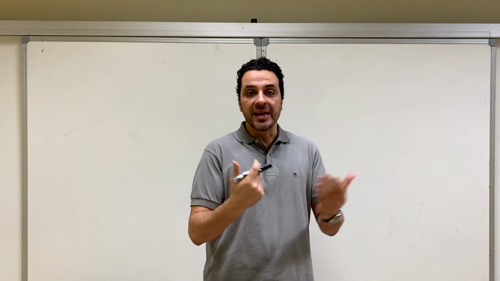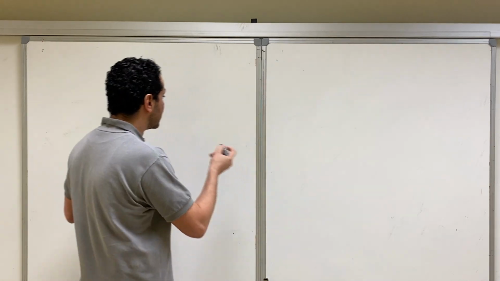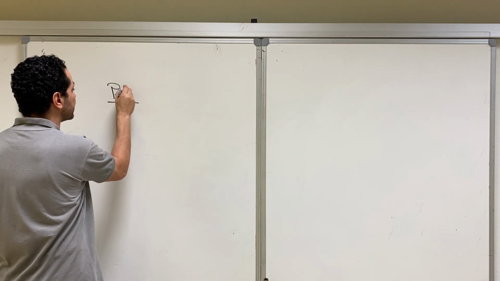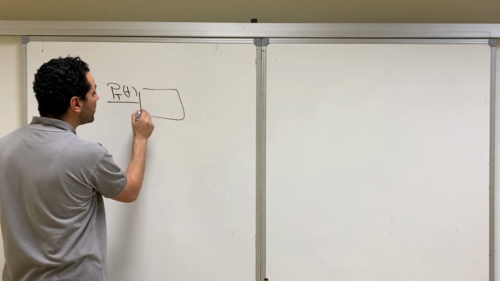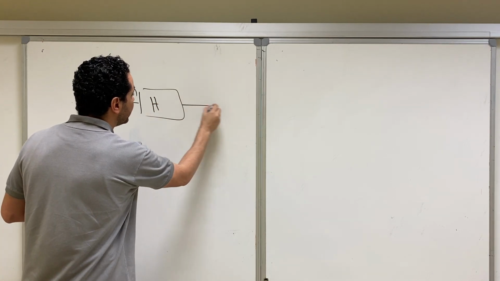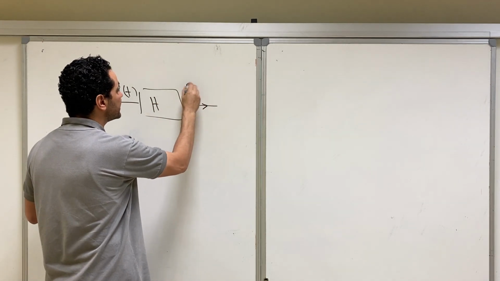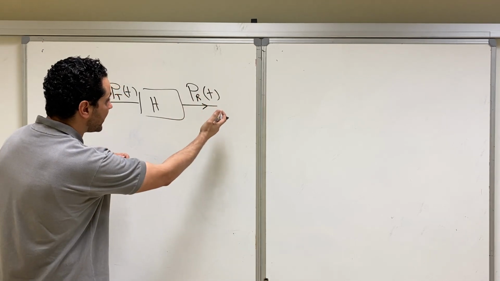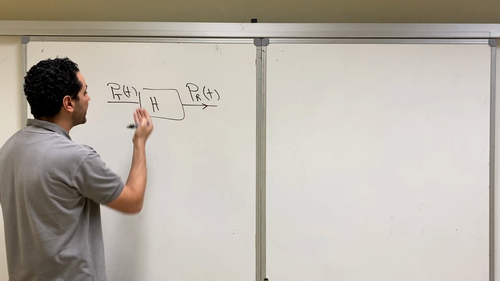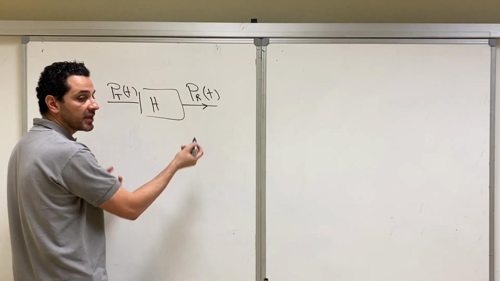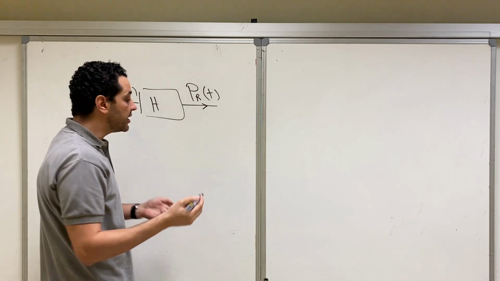However, there is a channel between the transmitter and receiver. So when you transmit pulses from the transmitter, let's call them P transmitter of t, they go through a channel, right? And then they are received at the receiver as P receiver of t, where the relation between the pulses received at the receiver and the pulses transmitted at the transmitter is convolution in the time domain or multiplication in the frequency domain.